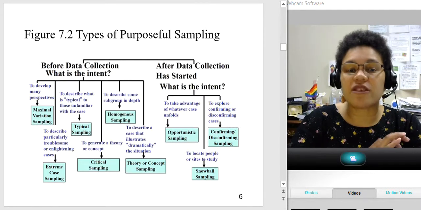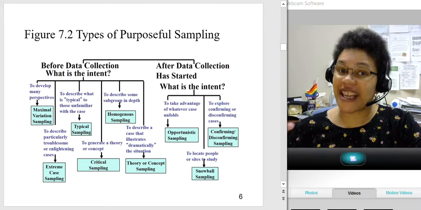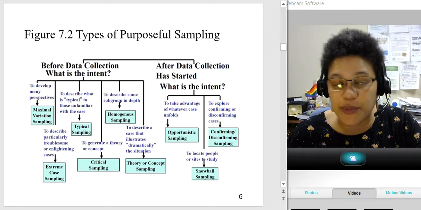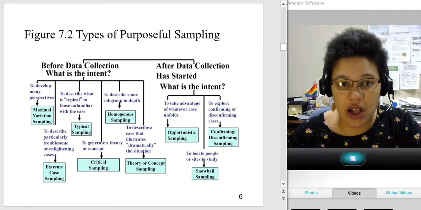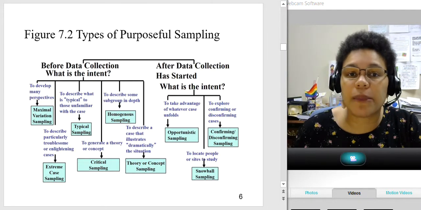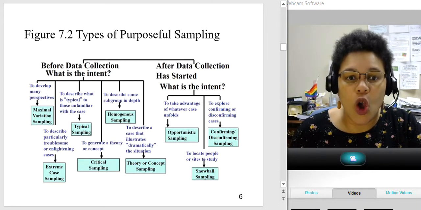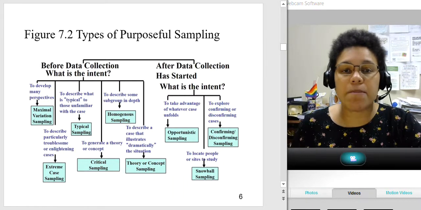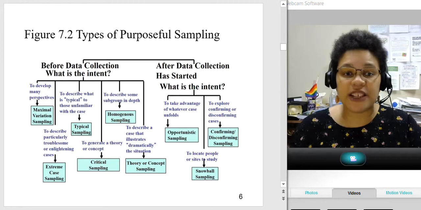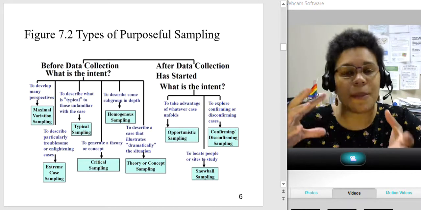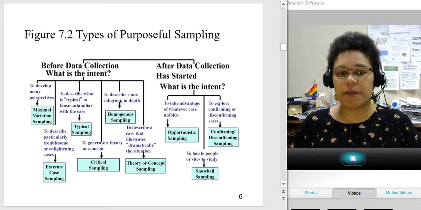So there are a variety of different intents we might have as part of the design of our study. Okay, so let's talk about before the data collection. We might want to be talking about many different perspectives on a particular phenomenon, or maybe we're talking about the nuances of a particular phenomenon.